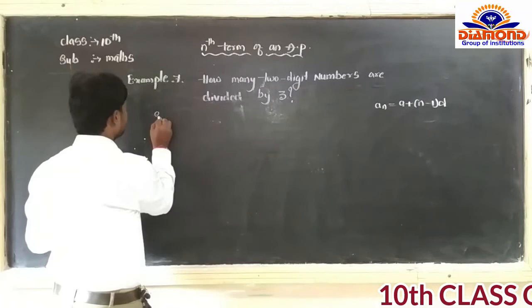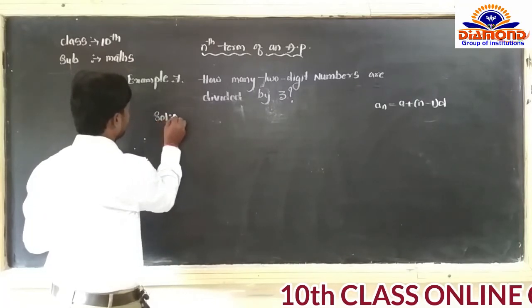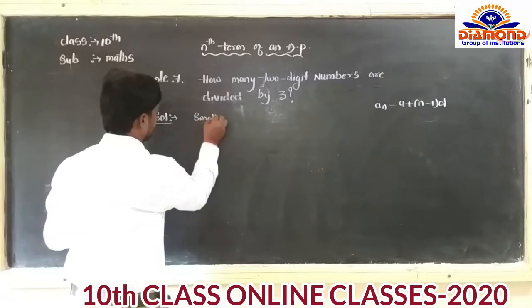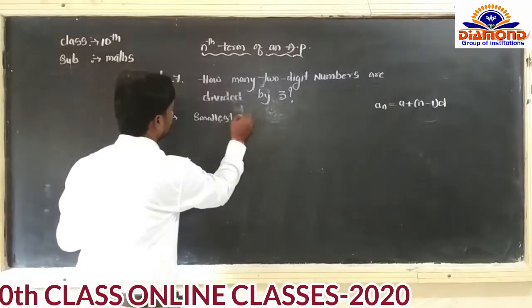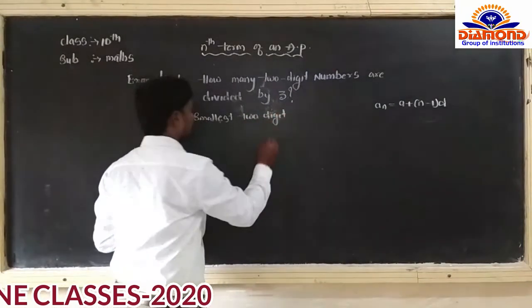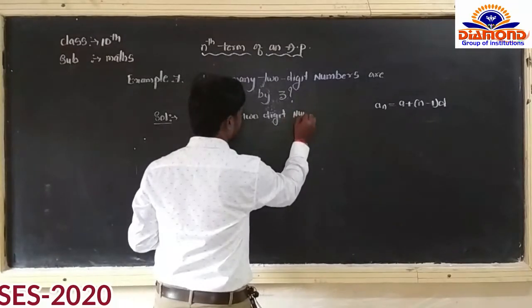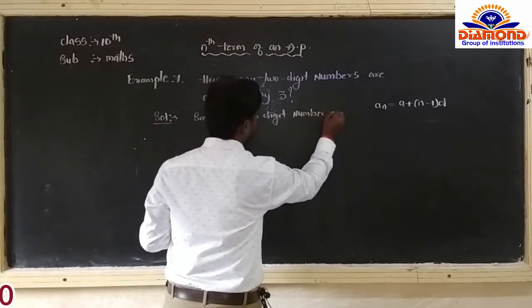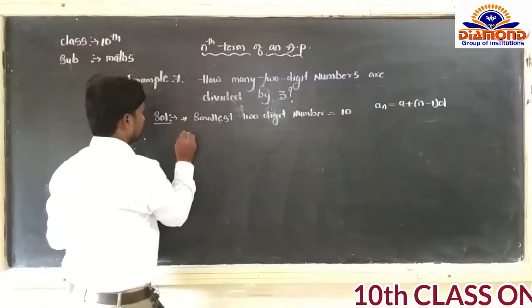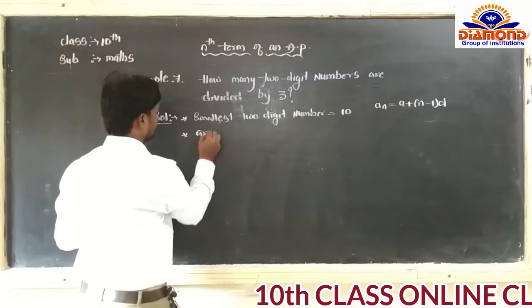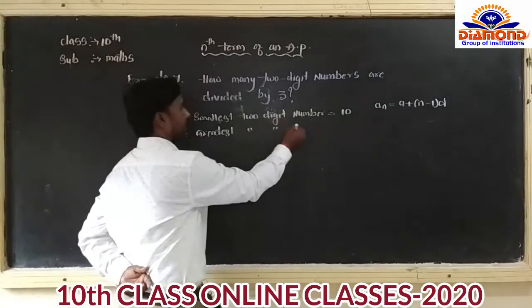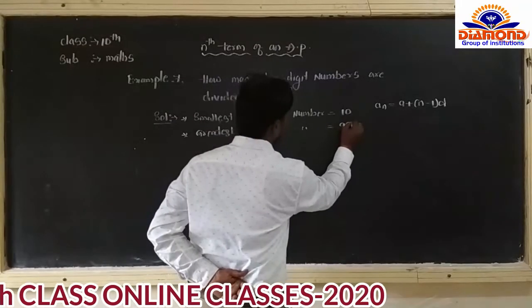Okay, let us check. Already we know that the smallest 2-digit number is equal to 10, and the greatest 2-digit number is equal to 99.